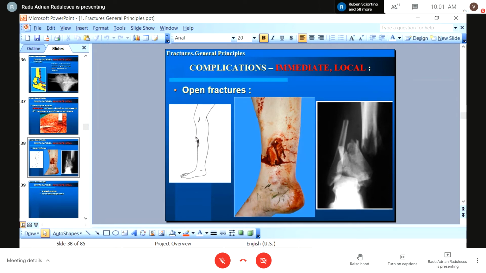So open fractures are located in some specific areas where the bone is located under the skin. And we have again the most frequent example at the level of the leg. You can see when the bone ends have damaged the skin and are at the outside, and here is the x-ray of the same fracture.